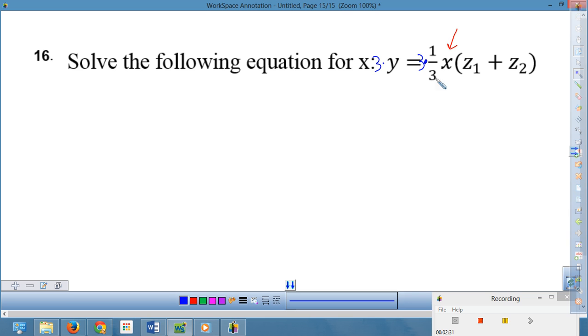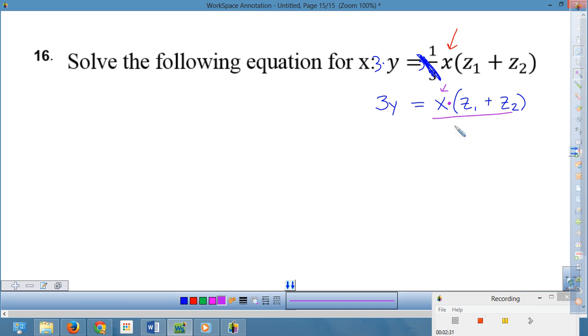Okay? So the 3's cancel here, and 1 times x is just x. And then the z1 plus the z2 will come down, equals, and what's 3 times y? 3y. That's right. Okay? So now, remember, our target variable's right here, the x. What's happening to x? It's being multiplied by z1 plus z2. So how do you get rid of multiplying by z1 plus z2?